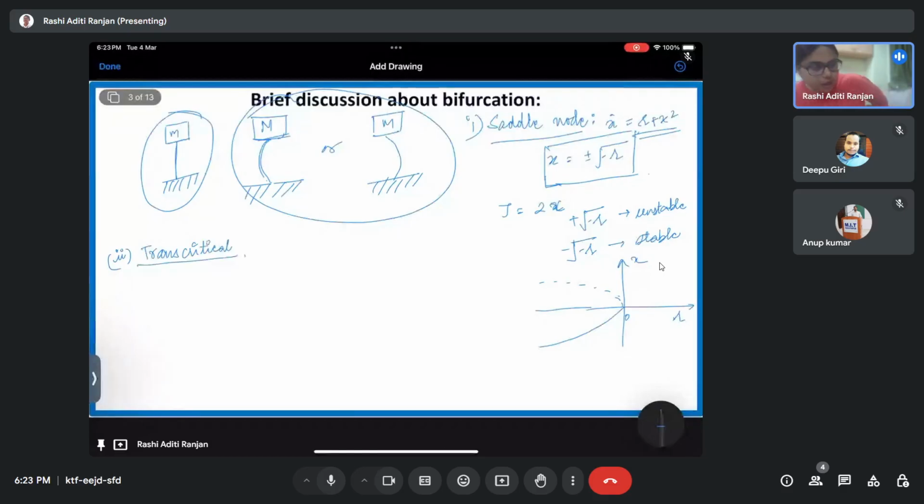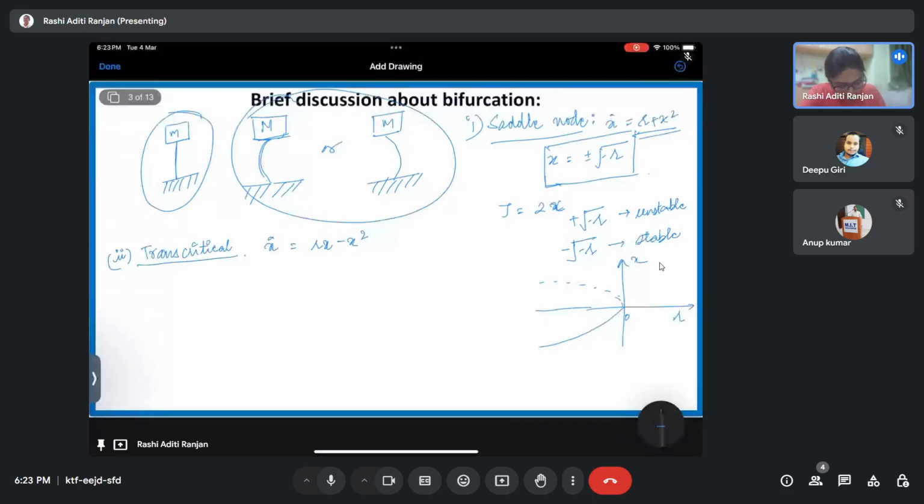Okay, so now if you see in this case, if I want to find the fixed points, I'll take x as common, x equals 0 and x equals r. These are going to be my two fixed points, or you can say equilibrium points. Stability we'll talk about after finding out the Jacobian. So these are the two fixed points.